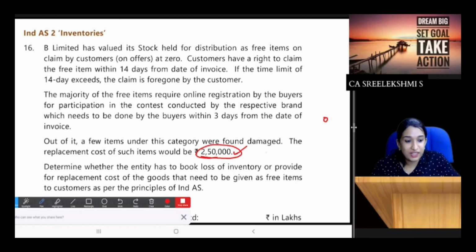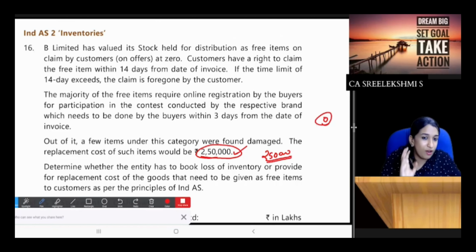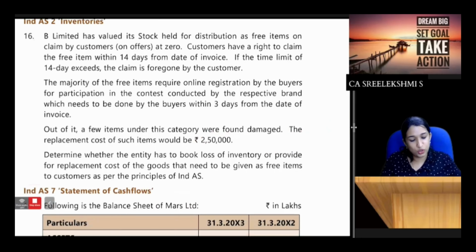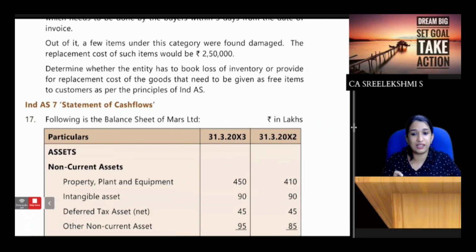So you definitely need to create a provision of 2,50,000 even if that inventory is recorded at zero, because to replace it there is a present obligation of 2,50,000. See, I'm discussing the contents; you read the detailed answer. So you need to book a loss of 2,50,000 and create the provision for replacement cost.